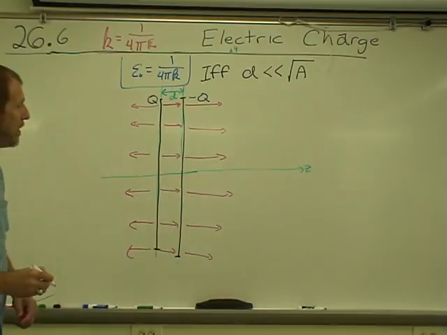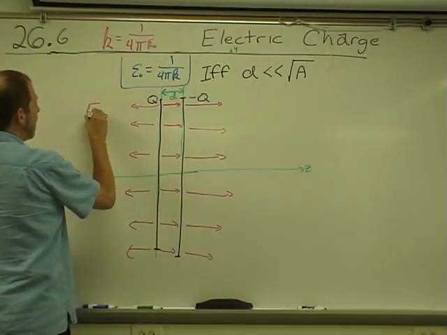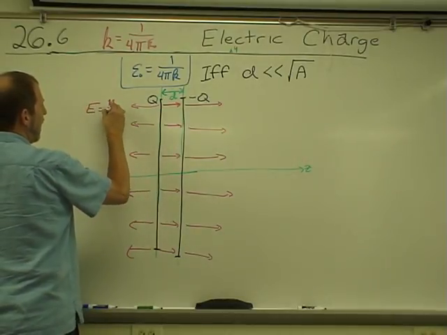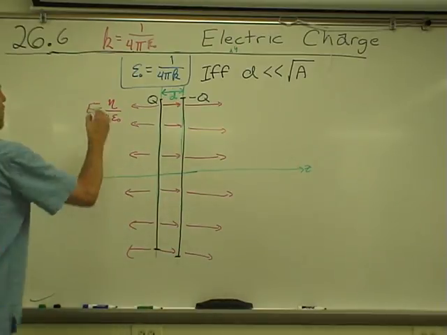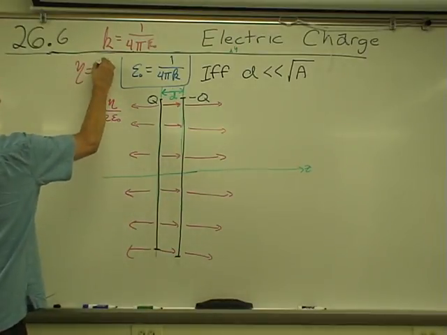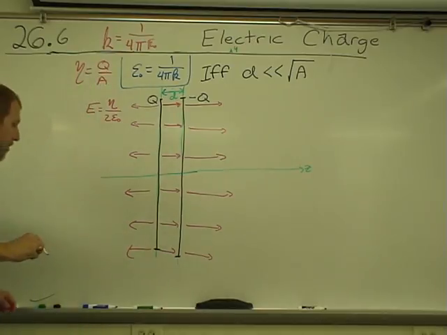These lengths should all be constant because the magnitude of the electric field will be eta divided by a constant, 2 epsilon naught, where eta is the charge over the area.